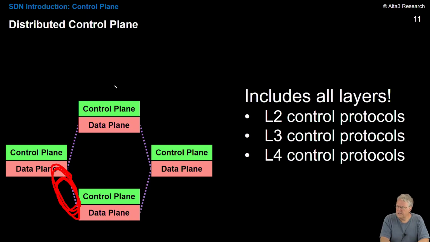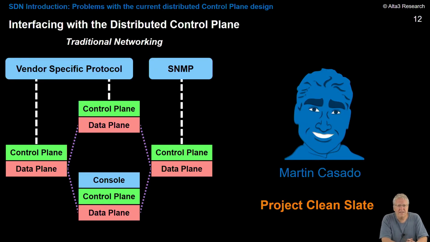Well, it turns out that we should give a lot of credit to the fact that this was not easy, to get control planes to all think together. This is called distributed computing, and it is the most complex kind of programming that there is. But this guy came along, Martin Casado, and he was challenged with the concept of what would the internet look like if you would completely redesign it.